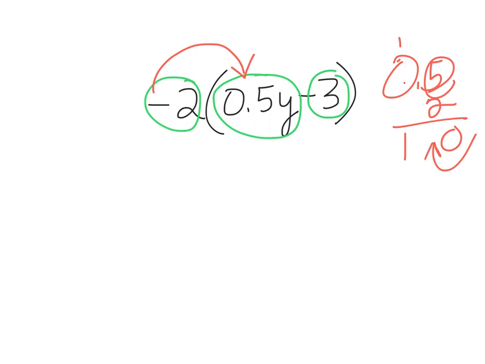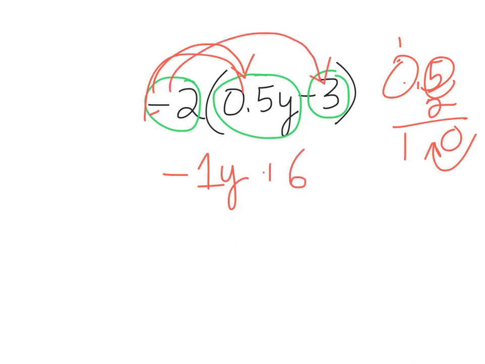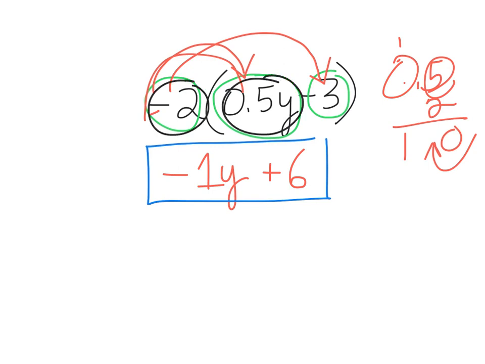So it's really just going to be 1. But it's going to be a negative 1 because a negative times a positive. And my y is going to stay the same. And then I have to go negative 2 times a negative 3, which is going to be a positive 6. So that is the answer there. And if you think about it, this is half of 2. Half of 2, which is 1.